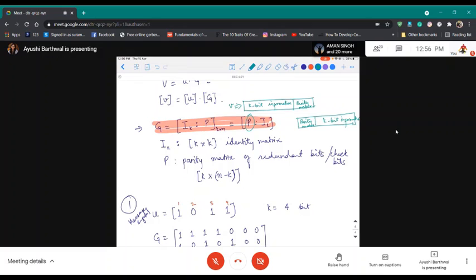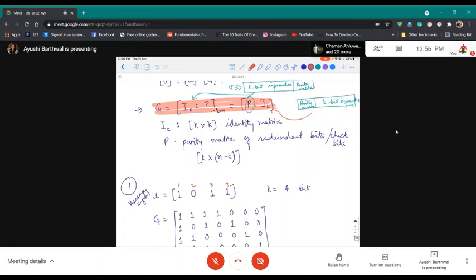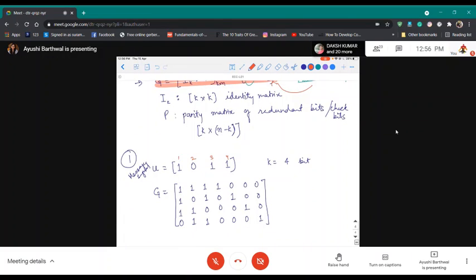To have the k-bit information first, the generator matrix should be of this form, and to have data bits after the parity matrix, the generator matrix should be of this form. Let us see in the question in which form our generator matrix is given.